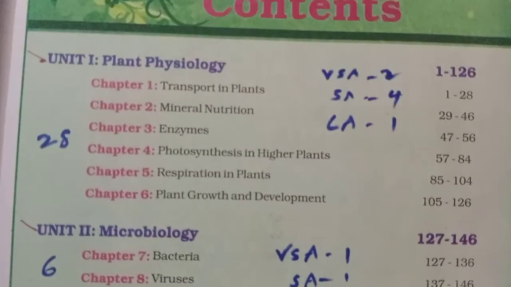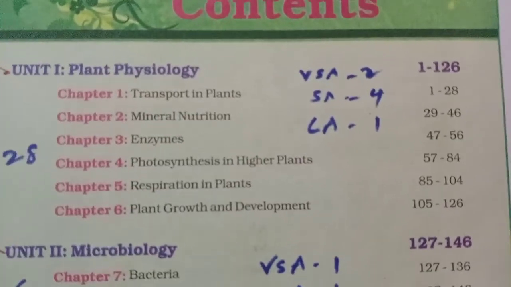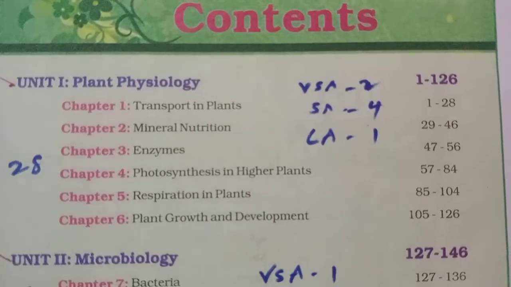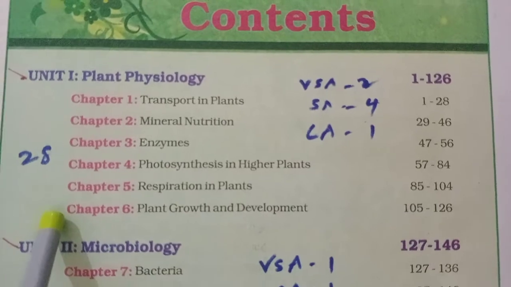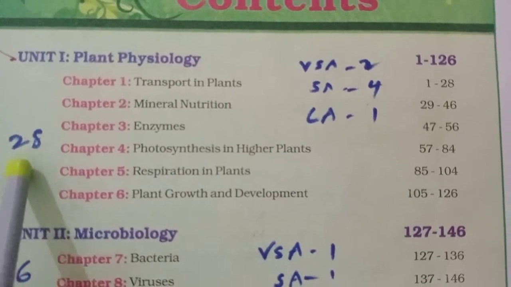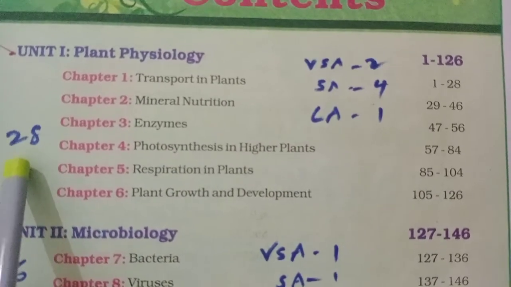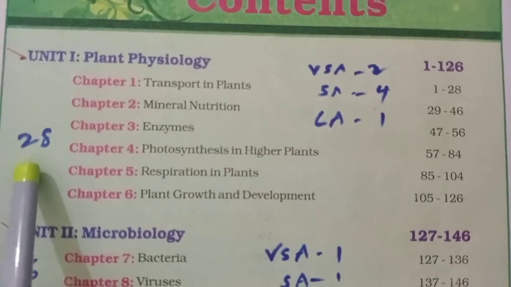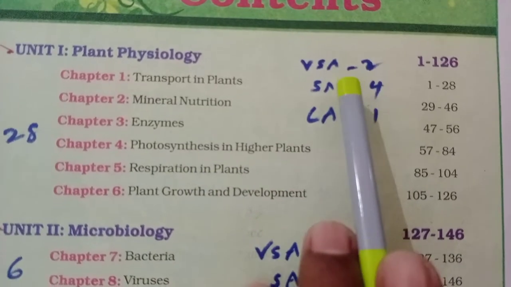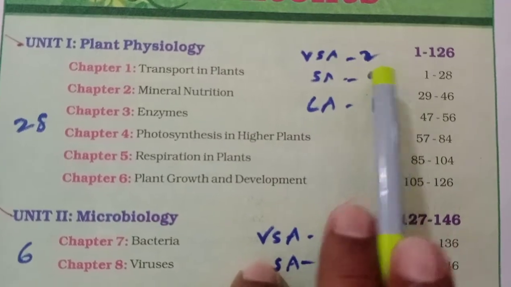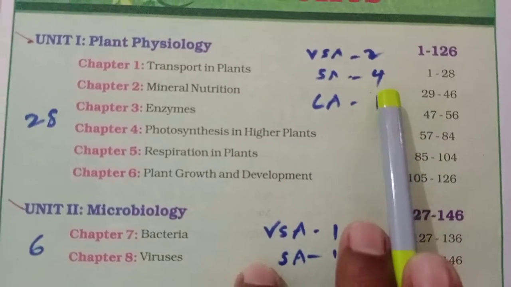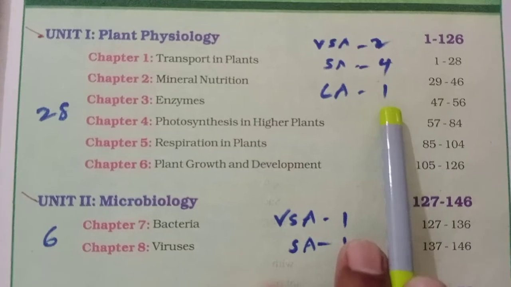In the annual examination, this unit carries 28 marks. How many marks? 28 marks. In which very short answers are 2, short answers are 4, and long answer is 1.